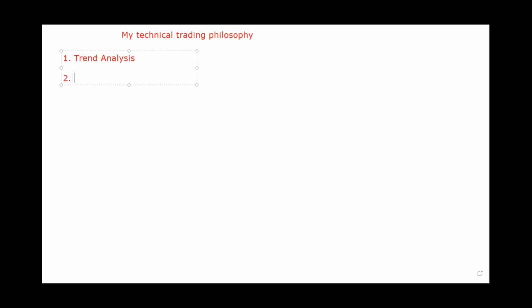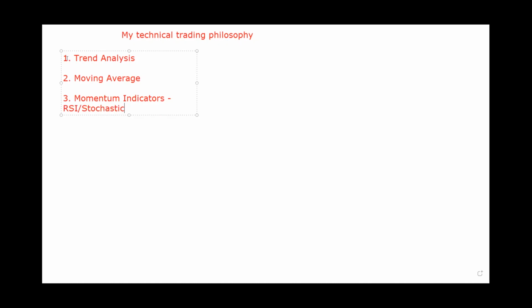The second tool we're going to use is the moving average indicator. I'm going to show you how we're going to use it. But before that, we're going to learn how to use moving averages generally, before we learn how we're going to use it as it applies to us. Number three, we're going to use momentum indicators, especially the RSI, or maybe even the stochastic.